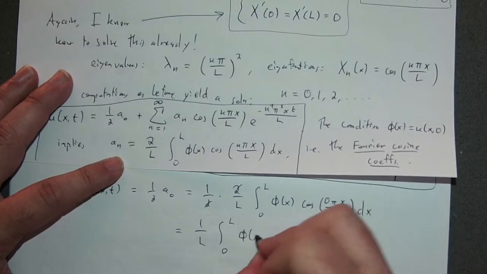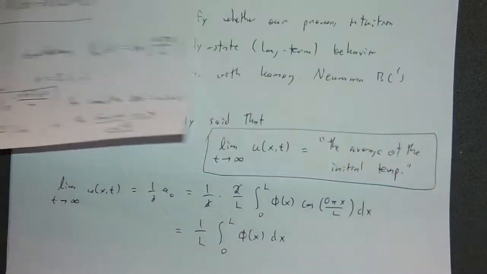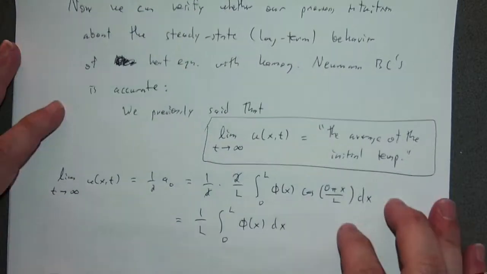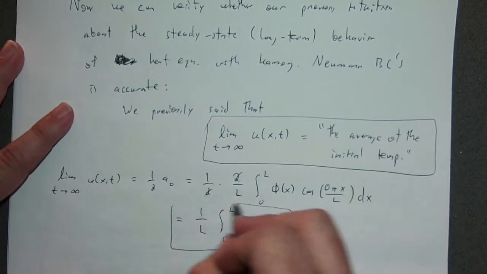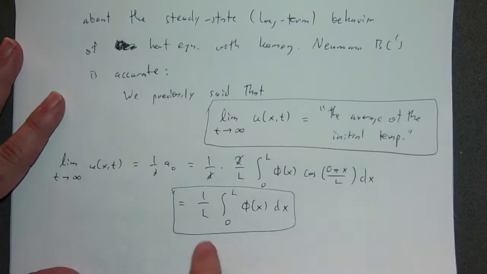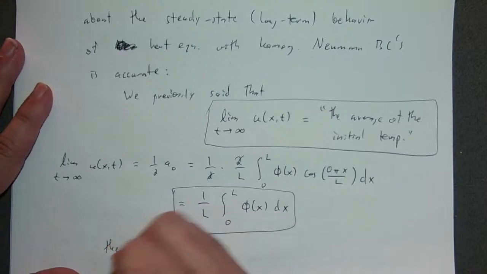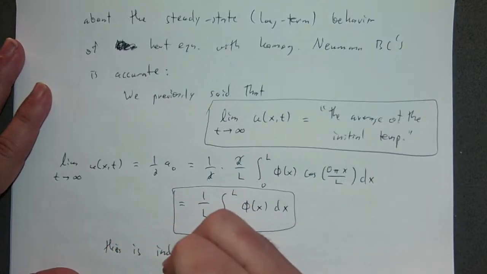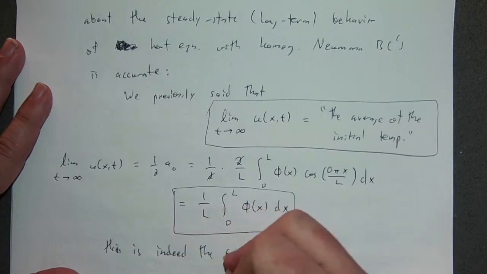So this is phi of x dx. But what is this? This is the average initial temperature. So this is indeed the average initial temperature.